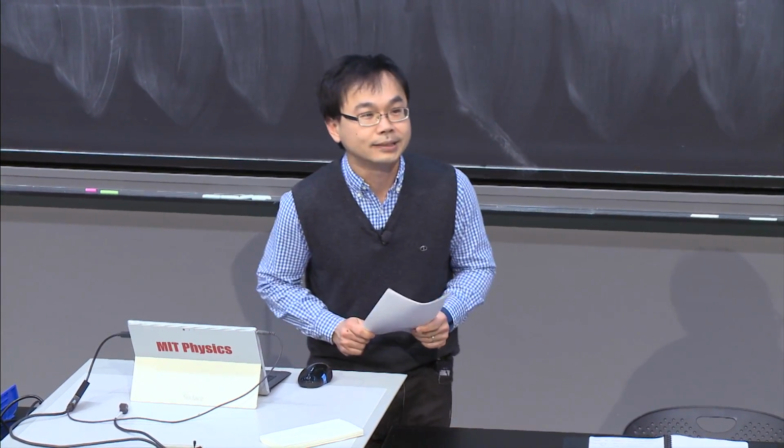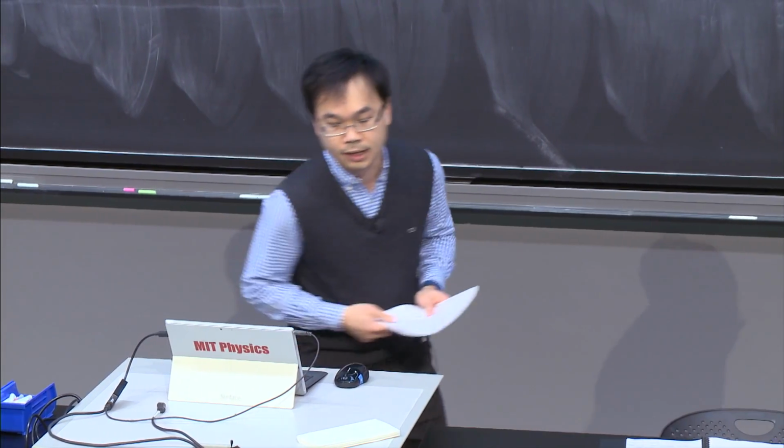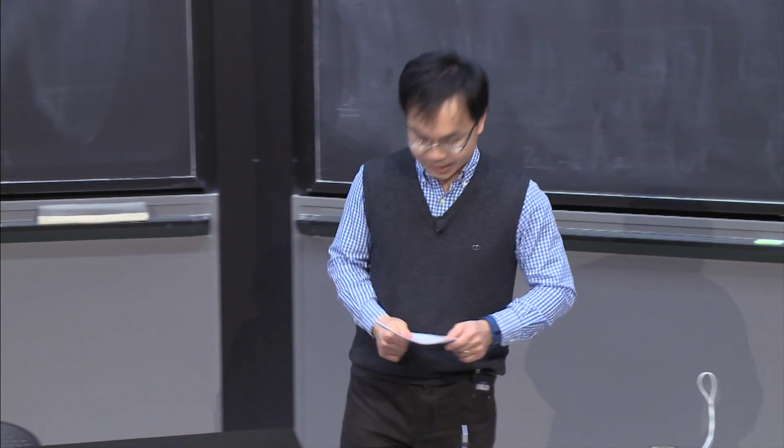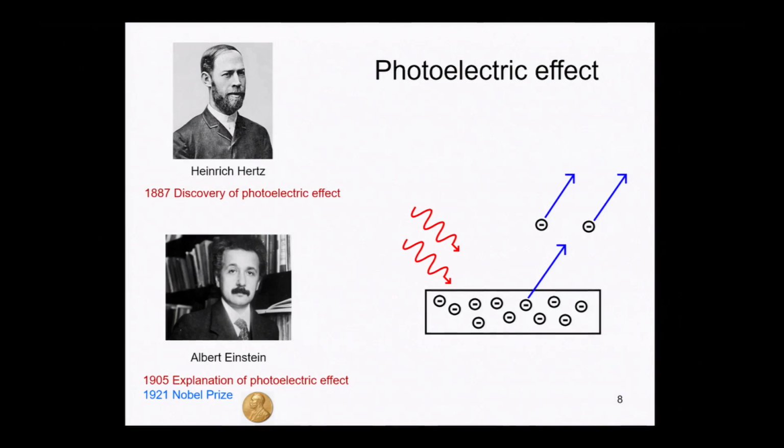On the other hand, in the 20th century, there were many, many crises going on. The first thing which happened is the photoelectric effect. This experimental result was first discovered by Hertz.